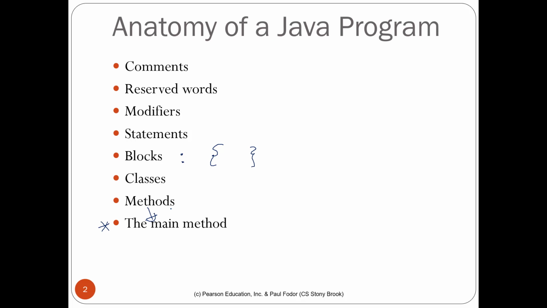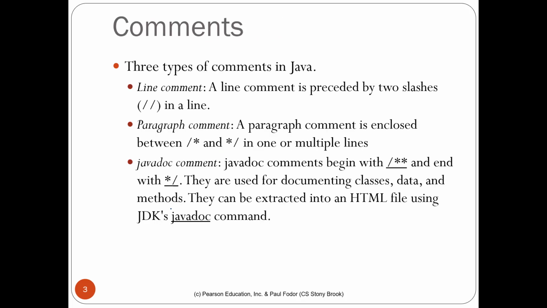Alright, let's move on and recap. I think I covered the comments in the previous lecture, but we can revise that. In a Java program we have three options for commenting. There is something called the line comment. Line comment means that only one line would be commented out.